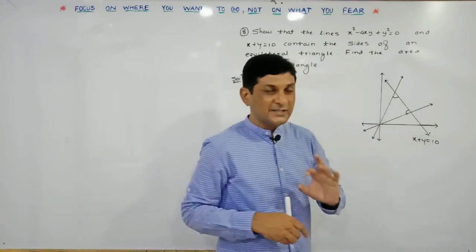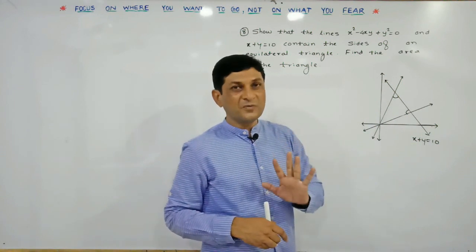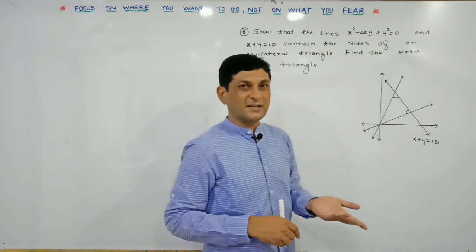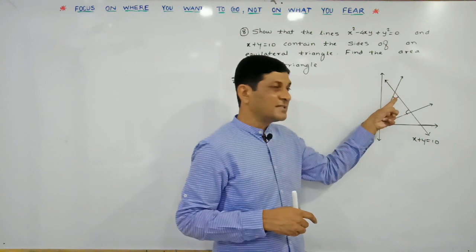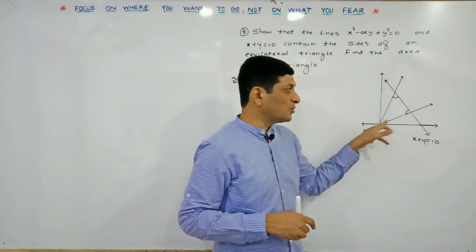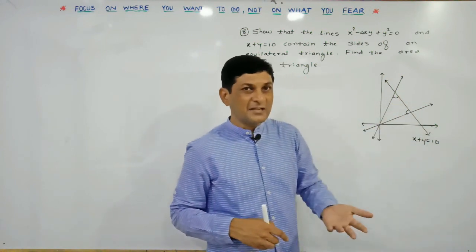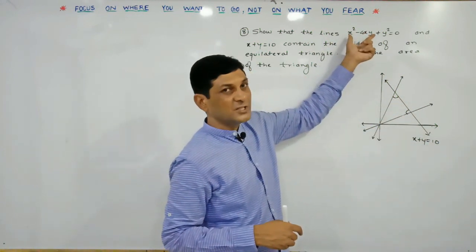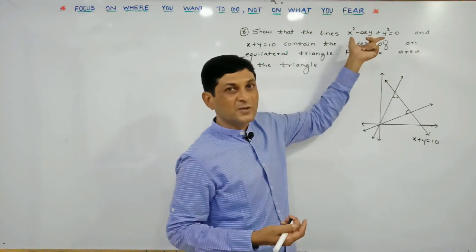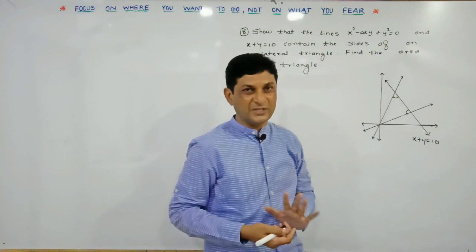We have to prove that the lines represented by this homogeneous equation, which pass through the origin, form an equilateral triangle with this line. Since we have to show that the triangle is equilateral, what we will do here is consider that this angle is equal to 60 degrees. If the lines passing through the origin make an angle of 60 degrees with this line, and using that condition we get this equation, then definitely our conclusion is that the lines represented by this equation form an equilateral triangle with this line.